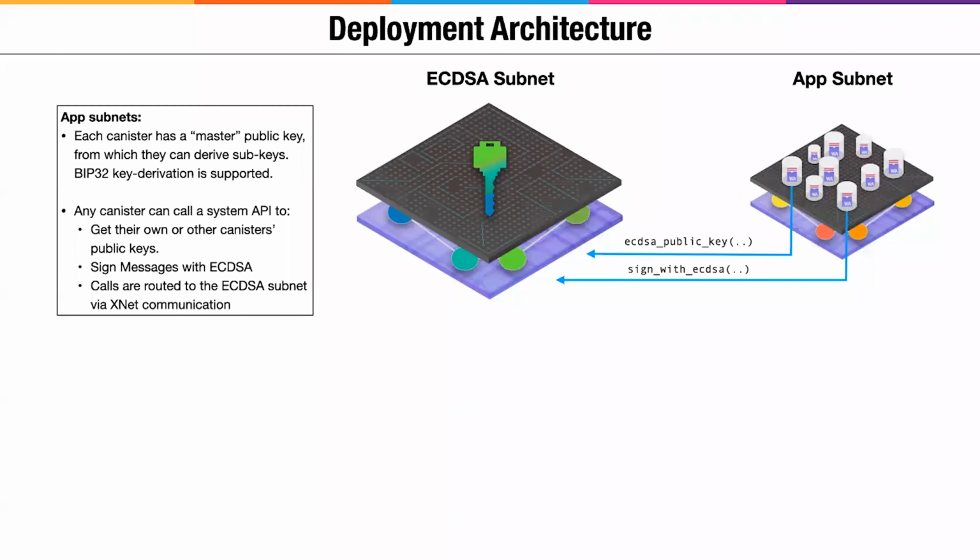The ECDSA subnet will only host one ECDSA key, and this one key allows for deriving, for each canister, its own private and public key. Let's call it a master or root public key or private key for the canister. And now we can use further BIP32 key derivation so that the canister can derive an unlimited number of keys as it wishes, for example, for Bitcoin integration.